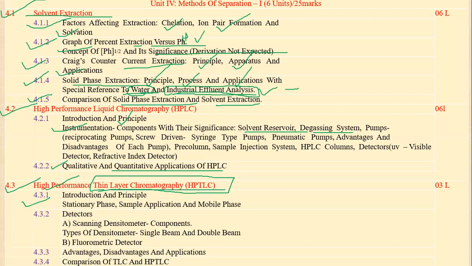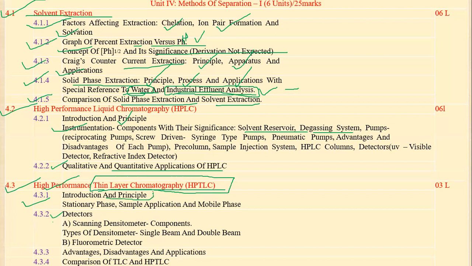When you go into research, the basic technique you use to monitor a reaction is TLC.